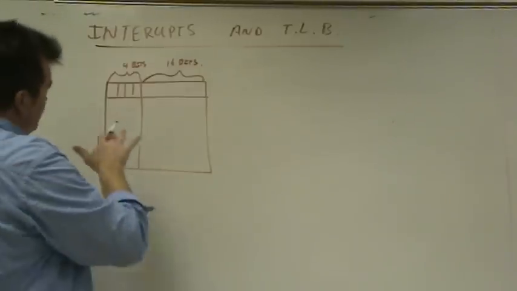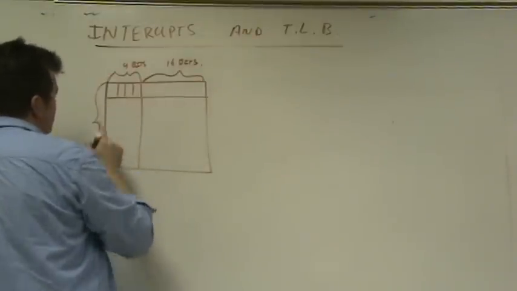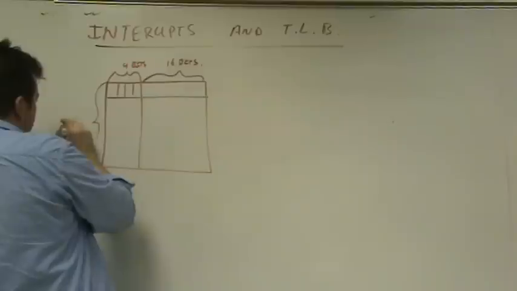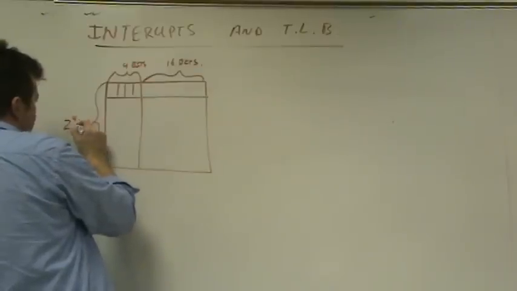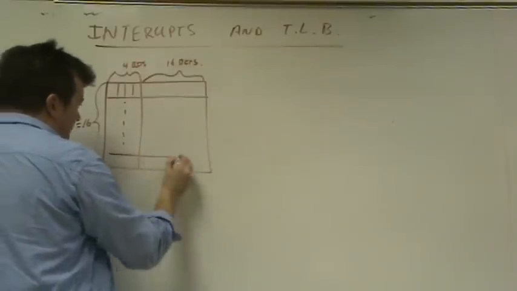Since we have 4 bits, we have 2 to the 4, equals 16 such columns, like this.